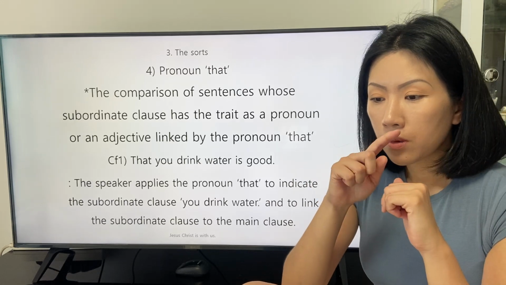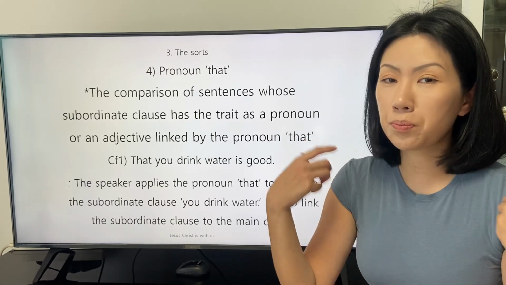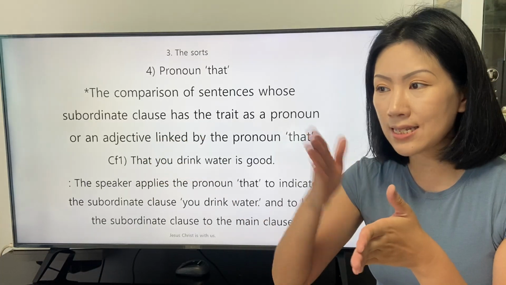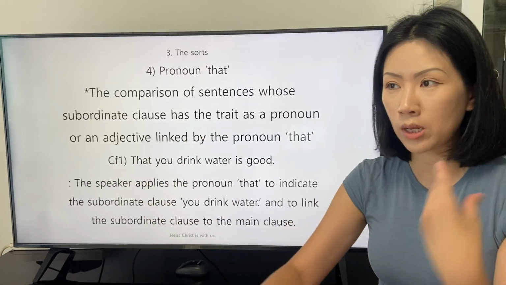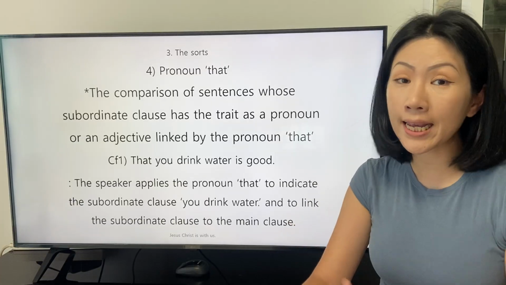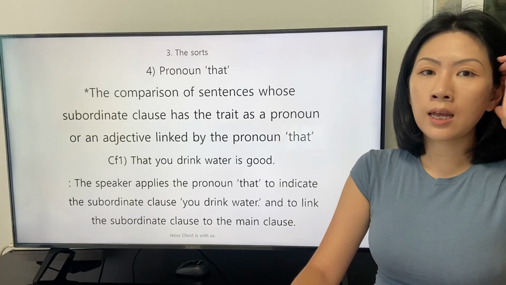So the speaker can abbreviate the pronoun that because the subordinate clause, this umbrella is awesome, is relatively detailed. It gives us the detailed information.